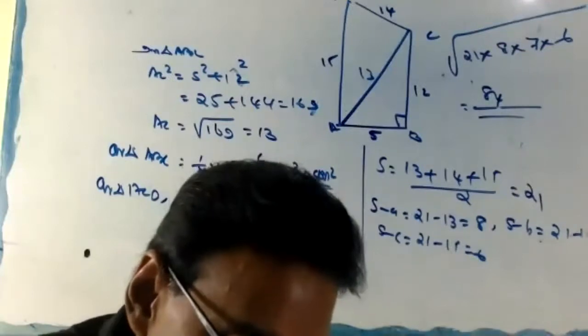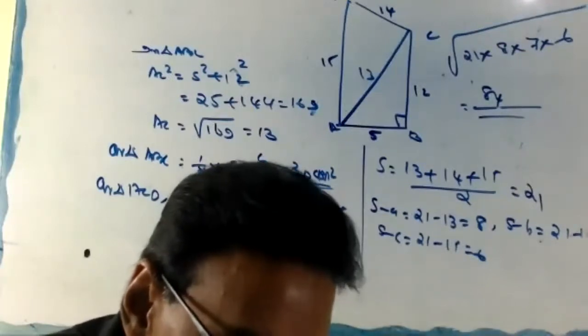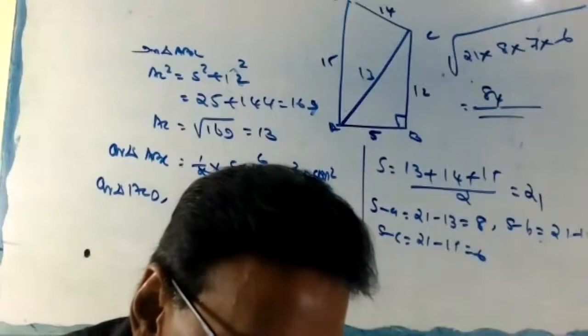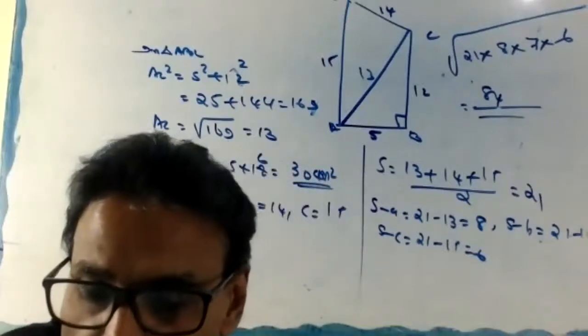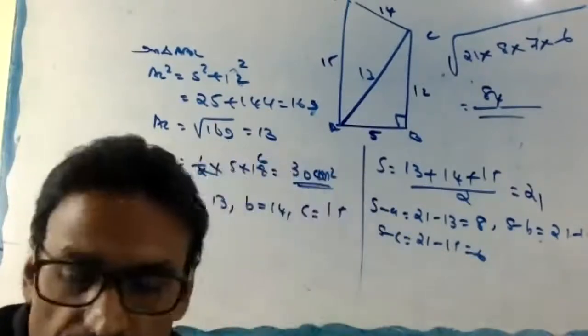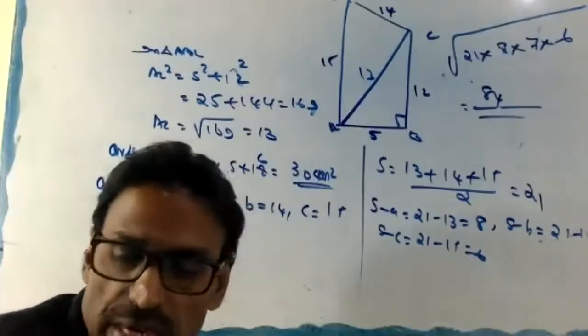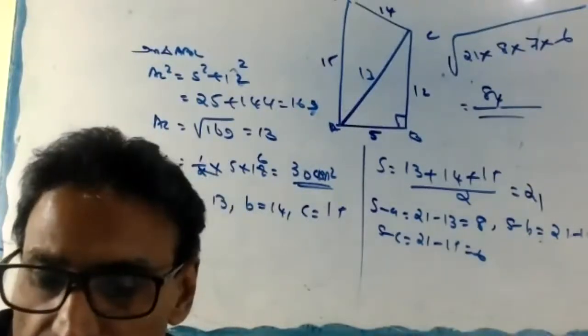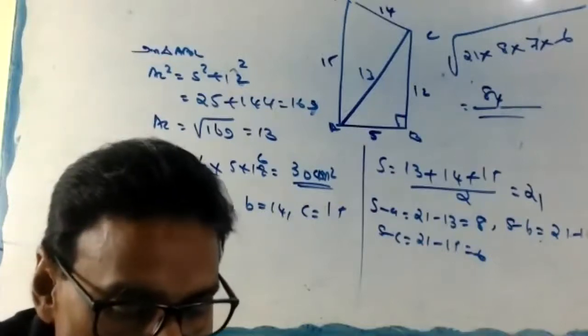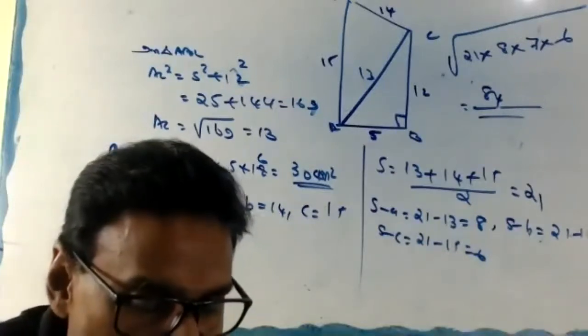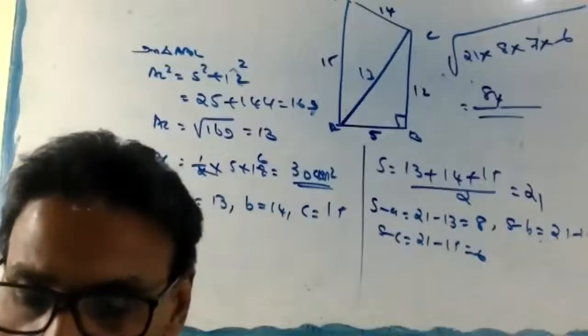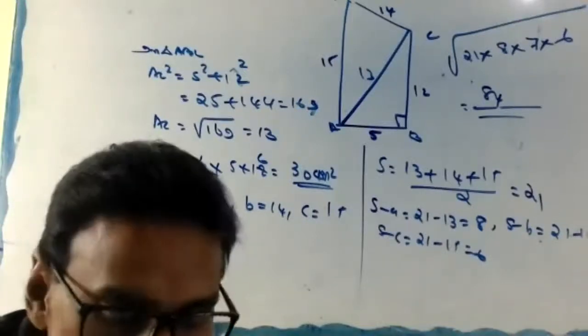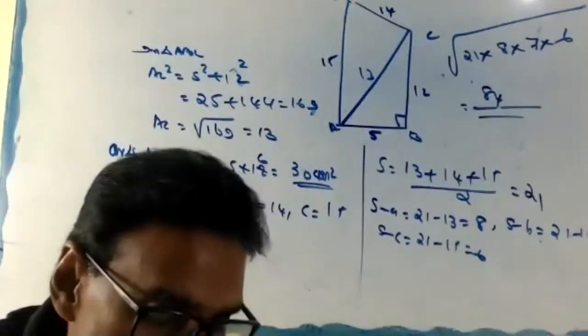Okay, how did we get these decimals? 85176. Tell me how you got that. Where is your work? How did you get that root? Tell me first.